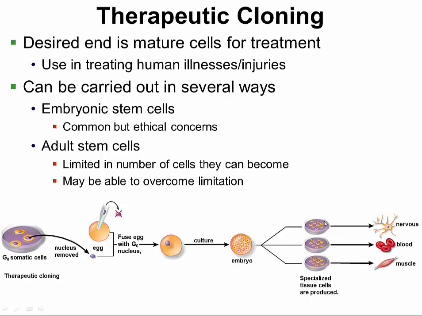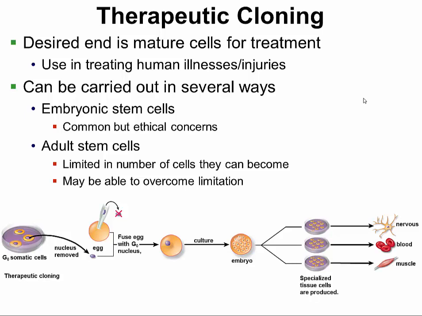Or you could make a sheep nervous system, or sheep blood cells, or sheep muscle cells. And so this is therapeutic cloning. Therapeutic cloning is the process of using cloning to create stem cells for therapeutic purposes. You're not creating an actual organism, but you're creating part of an organism that can be used to treat organisms that are alive today. Now, those are embryonic stem cells.